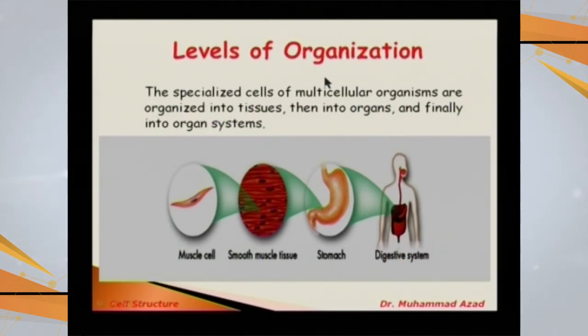Looking at the various levels of organization, this is a single cell. If many cells perform the same function, they are given the name of tissue, like here the smooth muscular tissue. If many tissues perform the same function, we use the terminology of organ.